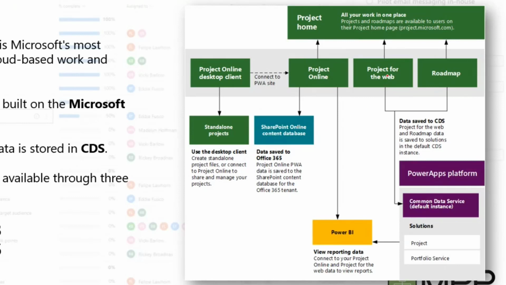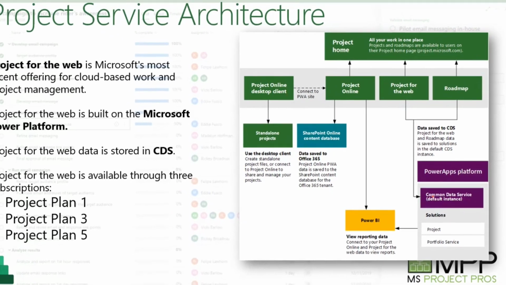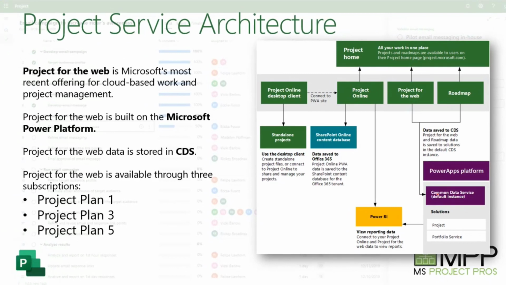The beauty of Project for the Web and leveraging this Common Data Service is that the entity management, the field management for the creation and, of course, management, execution, closure of all these projects that we're working on is far more extensive when we are able to take advantage of the Common Data Service, okay?